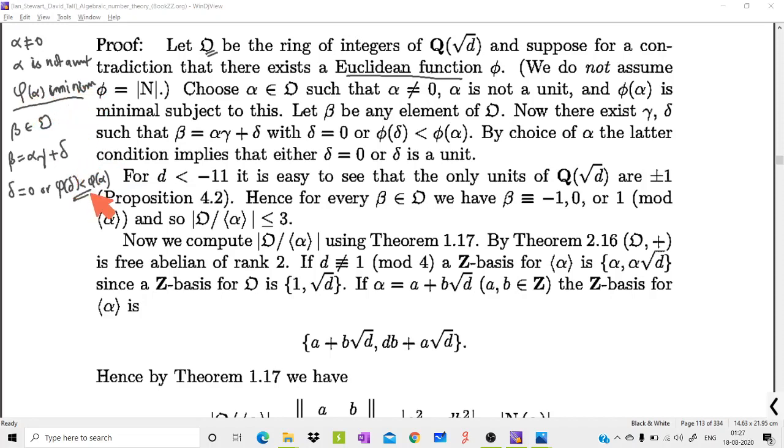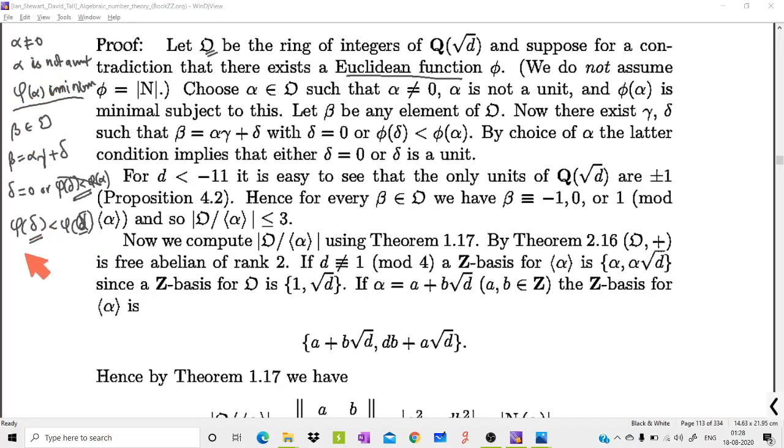Therefore, this never happens. So the only possibility is delta equal to 0, and whenever this happens, phi of delta is less than phi of alpha. So delta can never be an element with this property.